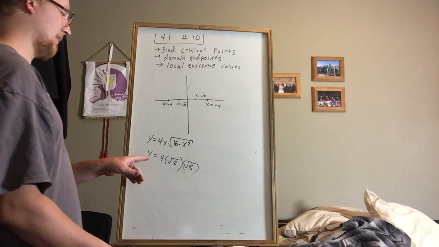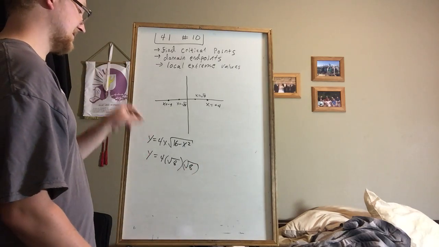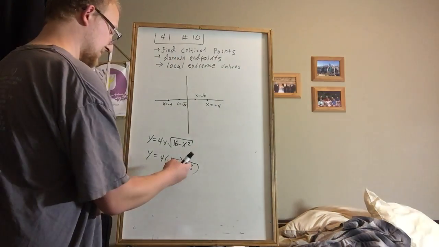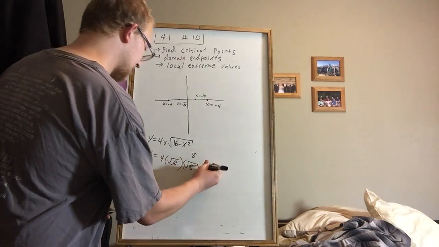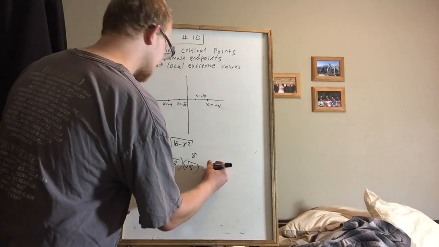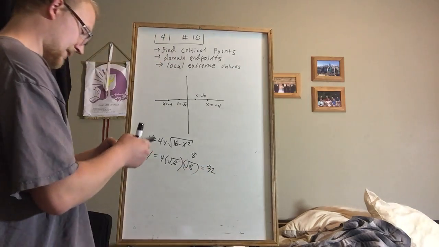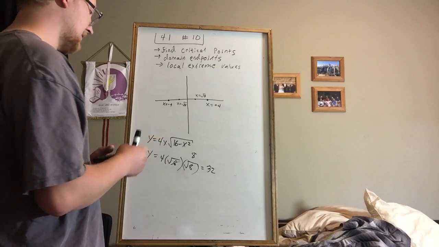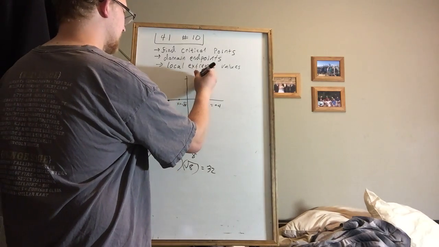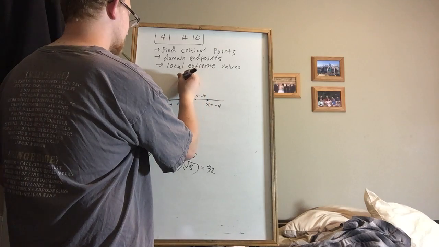So this is our output when our input is positive root 8. Root 8 times root 8 is 8. 8 times 4 is 32. Okay, so we know that at square root 8, our y output is 32.